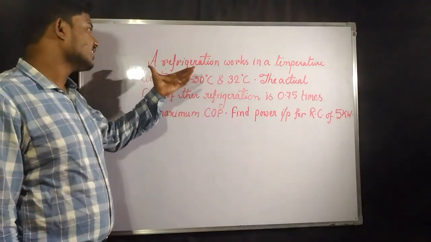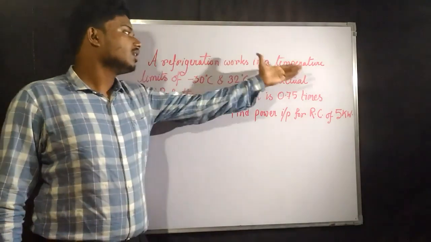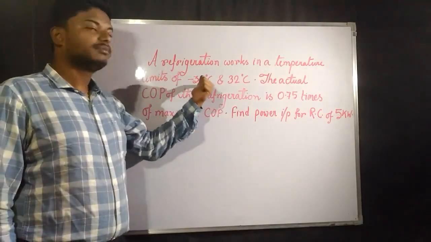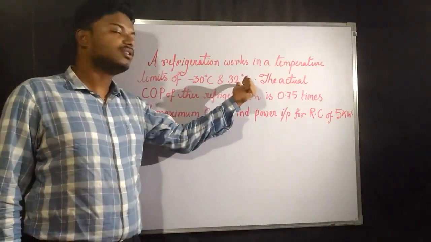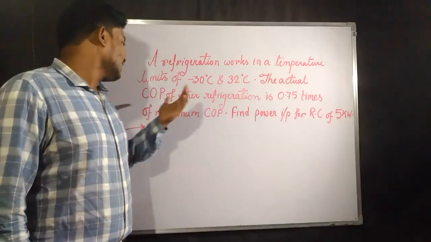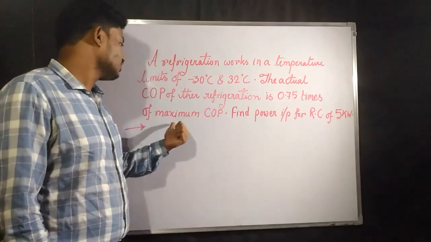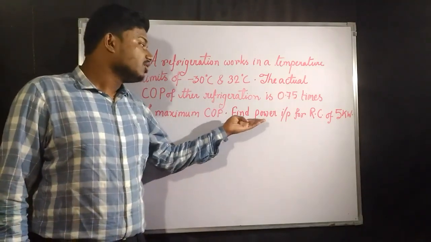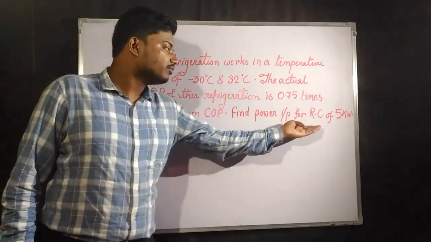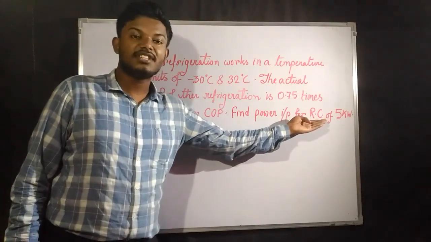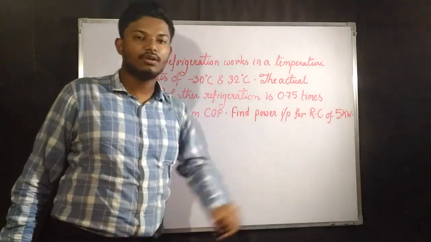The question reads like this: a refrigeration works in temperature limits of minus 30 degrees centigrade and 32 degrees centigrade. The actual COP of the refrigeration is 0.7 times the maximum COP. Find the power input for a refrigeration capacity of 5 kilowatt.